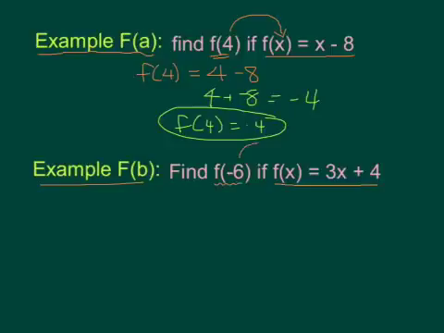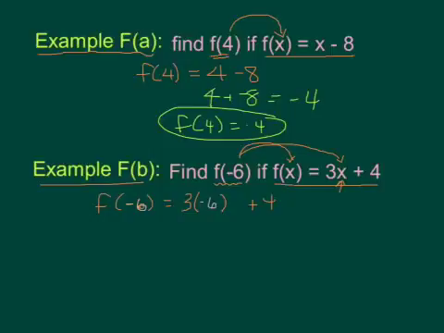That means wherever there's an x in the equation, we're going to replace that x with a -6. So f of -6 equals 3. And I'm just going to change the color on this. So I'm taking out that x value and I'm putting a -6 in its place.